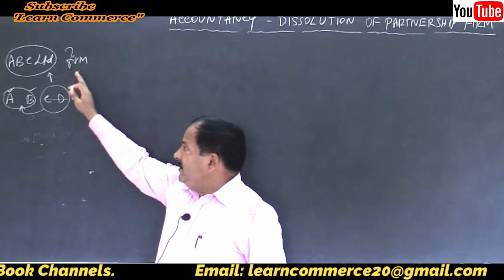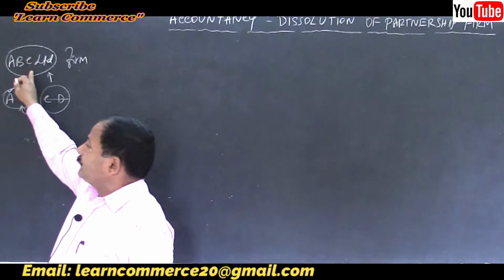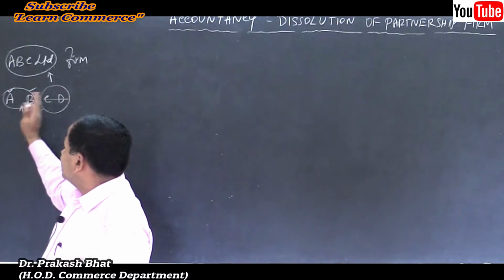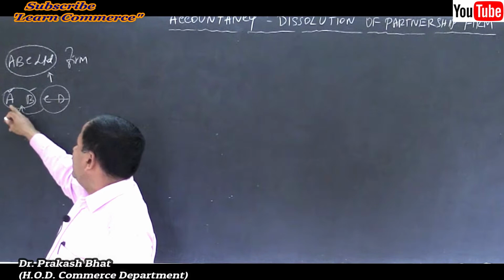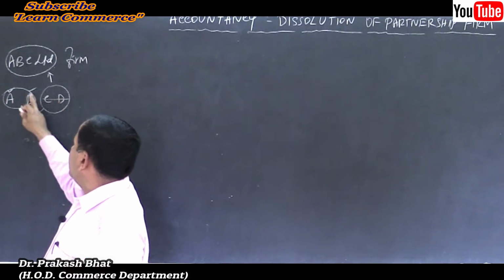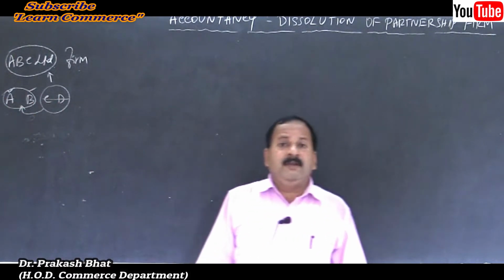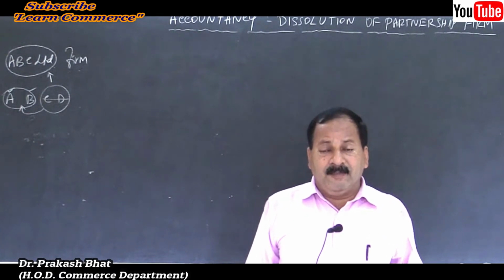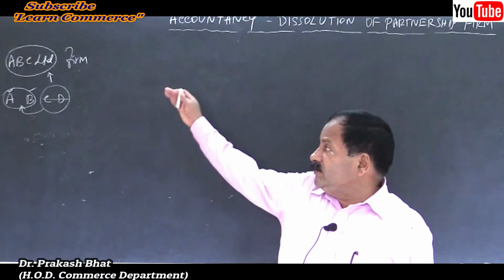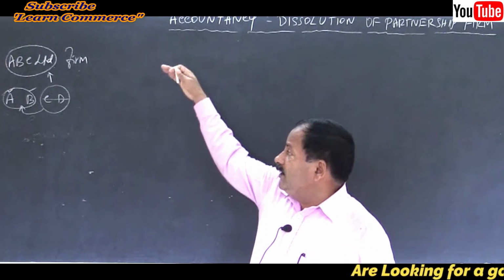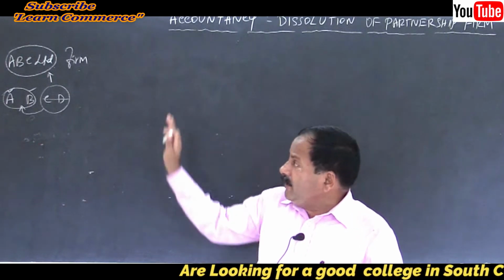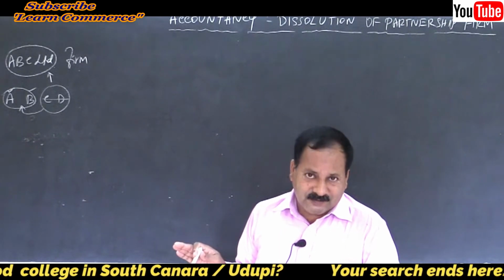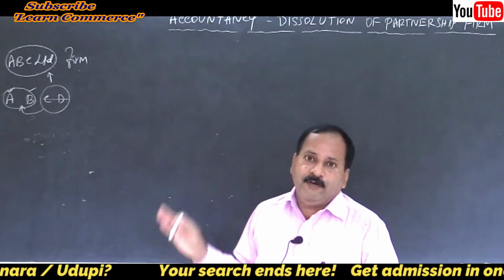Here the relation between all the partners and the firm, and also the relation among the partners themselves, that is the relation between A and B, A and C, A and D, B and C, B and D, like that, gets terminated. The business relation among all the partners gets closed, and also the business relation between the firm and the partners gets closed, and the firm will come to an end. It is a legal process. So this is called dissolution of a firm.